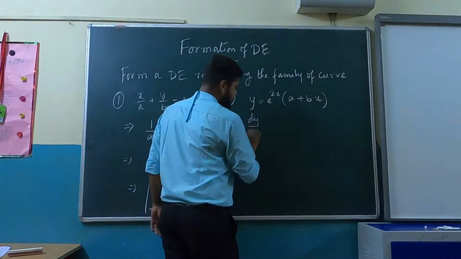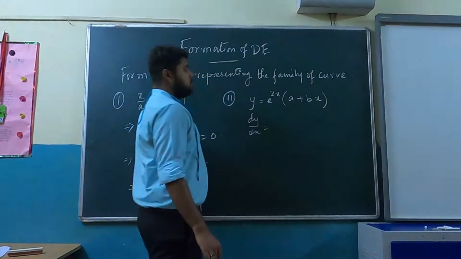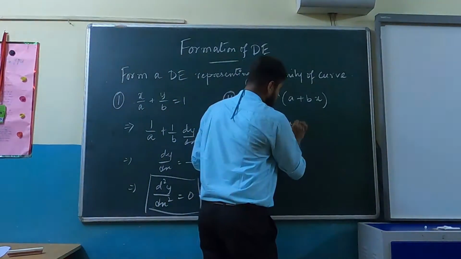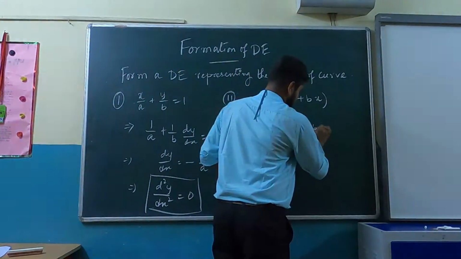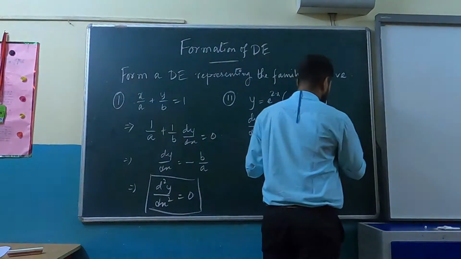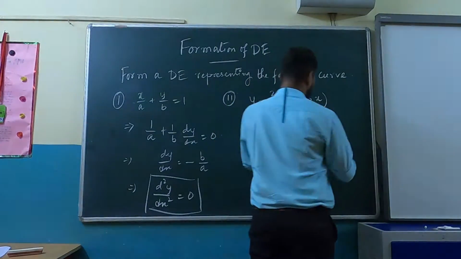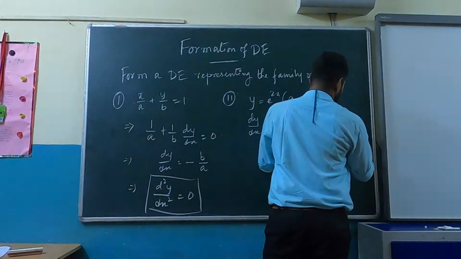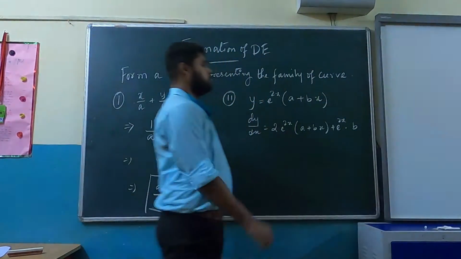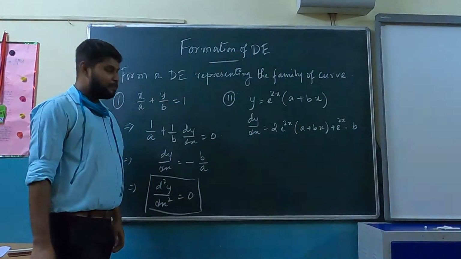So dy by dx is equal to 2 e to the power 2x times a plus bx plus e to the power 2x into b.